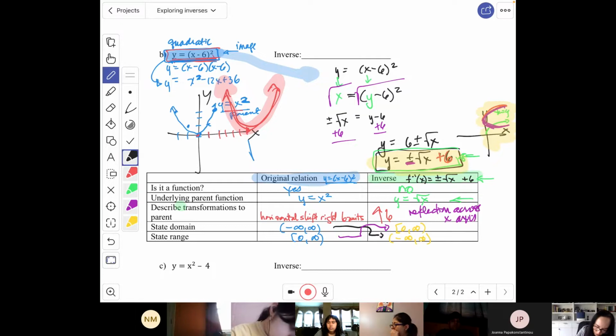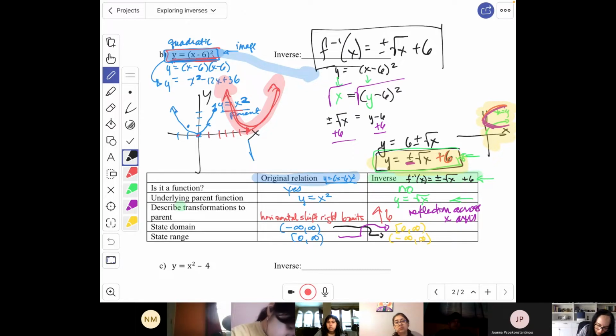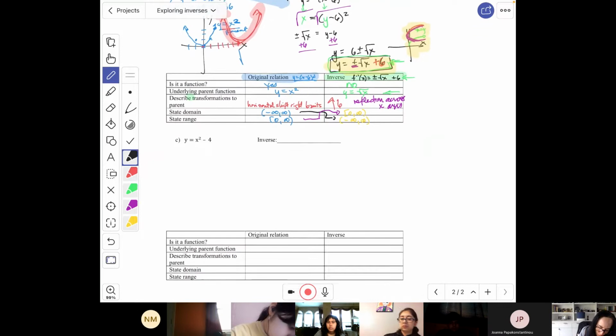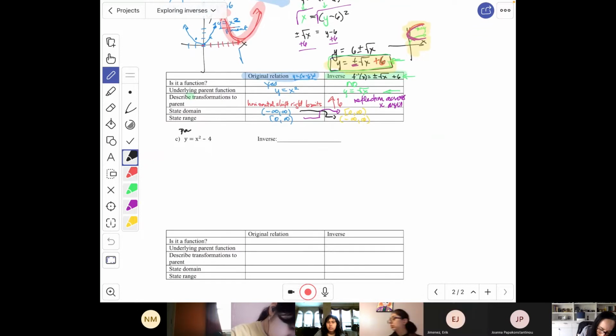Okay? So let me just, for completeness, state the inverse that we found. That's the inverse of this parent. All right, I want you to try the next one. It's very similar to the one we just did. I want you to take the original parent, so here's my parent, and find the inverse, and populate this table.